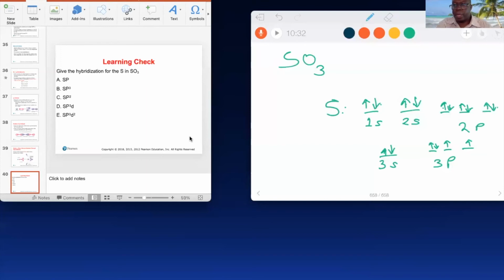So if you look at the sub-level, which is 4S, you know, after 4P is 4S.